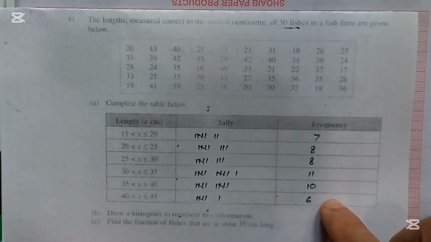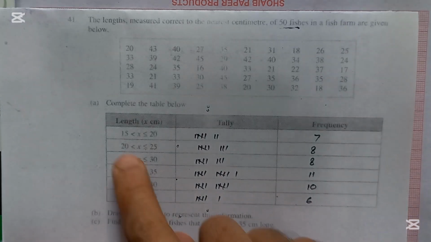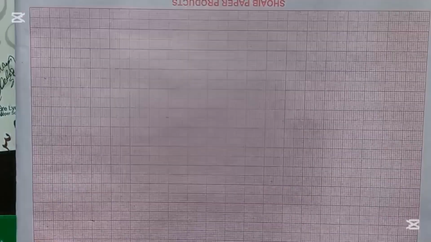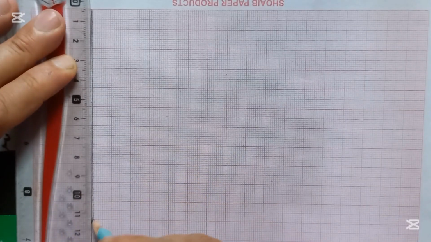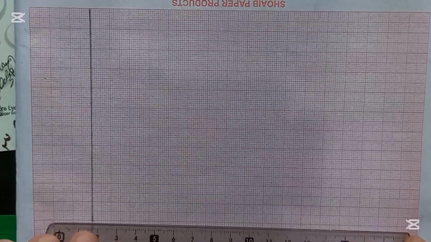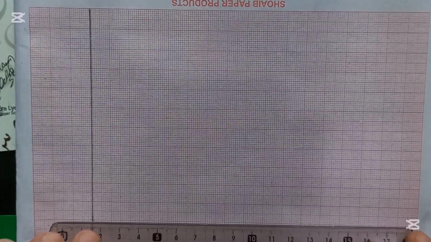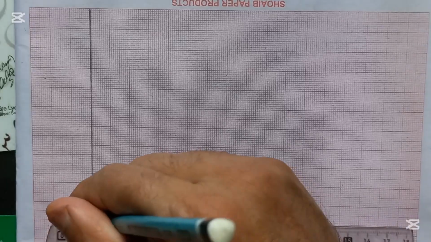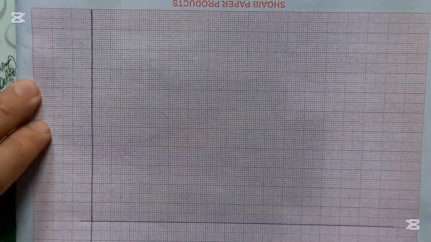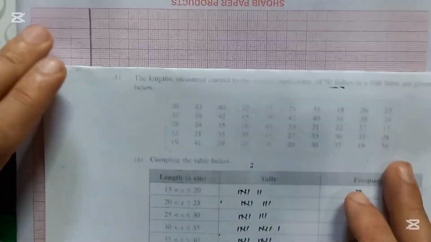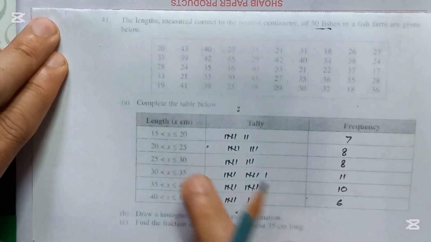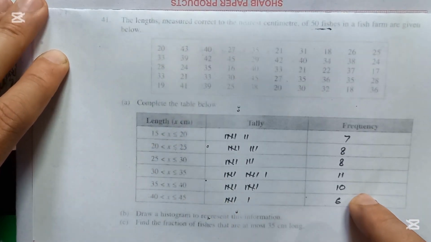The frequency will be drawn on the vertical line, and length will be drawn on the horizontal line. Length will be on the horizontal line and frequency on the vertical line.